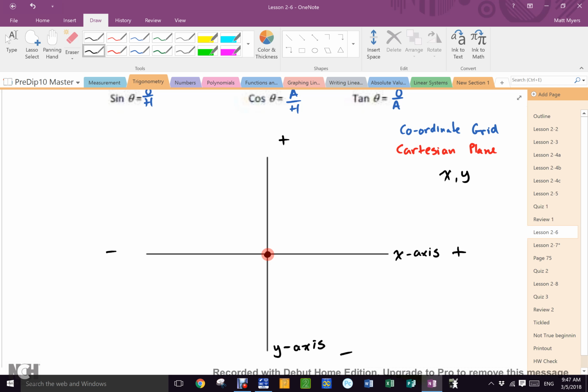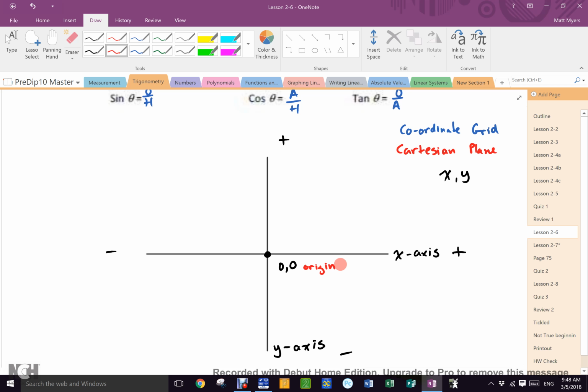Its coordinates are 0, 0, absolutely. Origin, excellent. That point is the origin. That's where we start from.